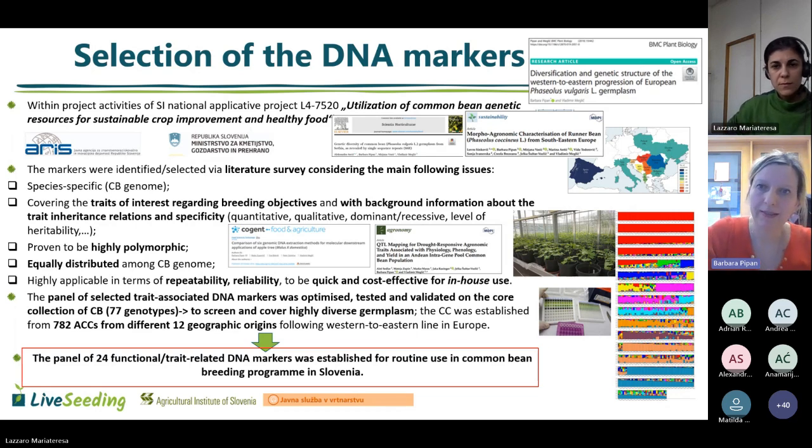In our case, one of the criteria for the selection from literature was that those markers are proven to be highly polymorphic. And as was also mentioned by Teresa, they are highly applicable in terms of repeatability. So they are repeatable, reliable, quick, and cost effective.